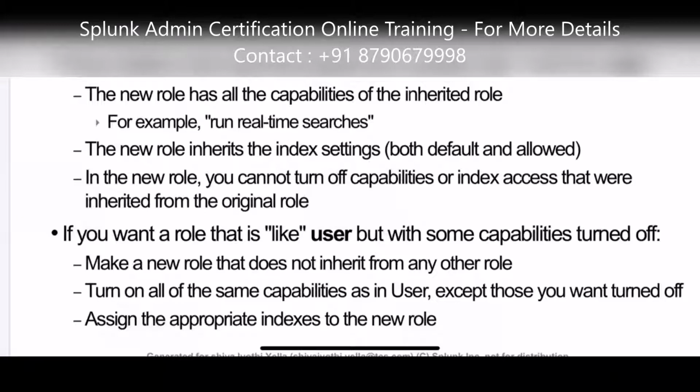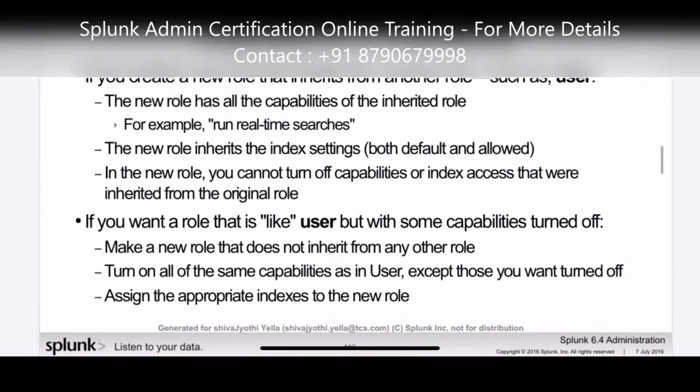But I want only some capabilities from user, not all of them. So I cannot add the user role to my Splunk role, because if I add user, I'll get all the capabilities from user. I don't want that to happen. So I'll open the user role, see what capabilities it has, and then add only the few capabilities which are required in my new role. Yeah, that is what he told.